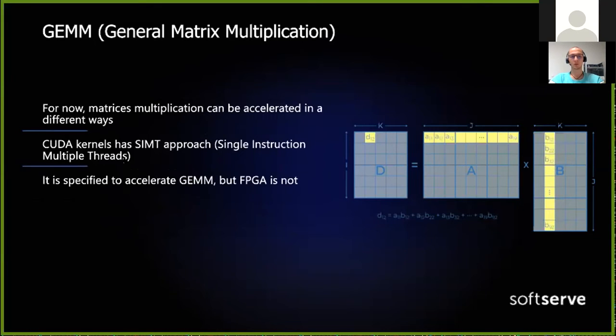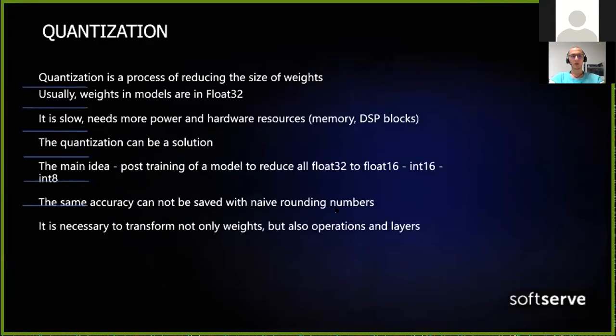And CUDA kernels have this SIMD approach, single instruction, multiple threads, that helps to accelerate matrix multiplication on the GPU, but FPGA has a different structure that makes it impossible to use simple matrix multiplication. So we have to use quantization.